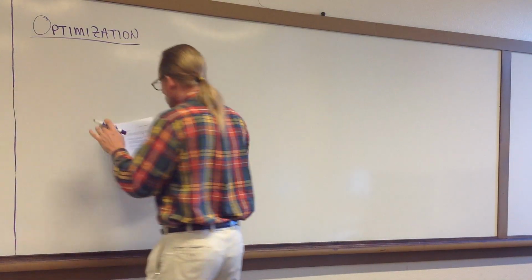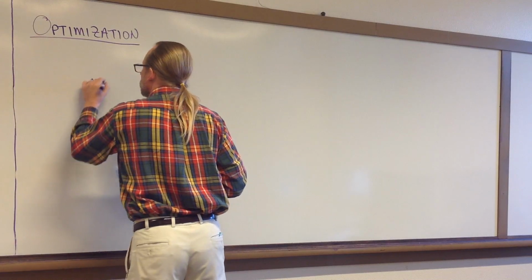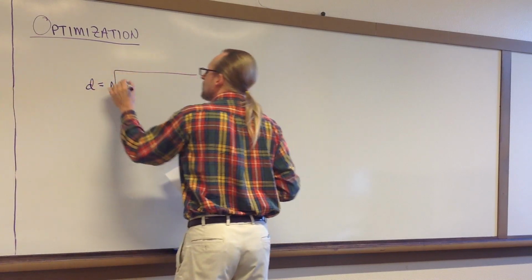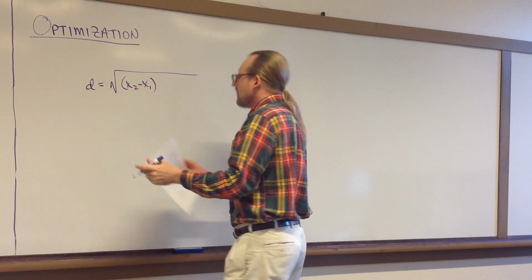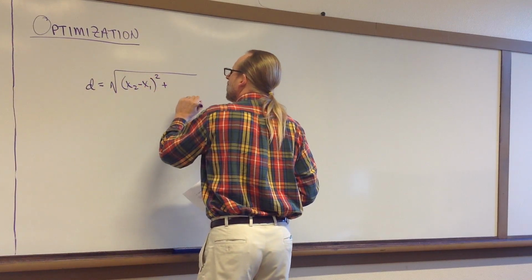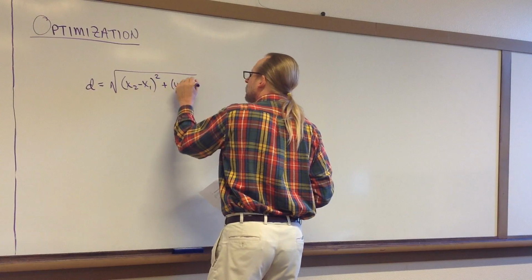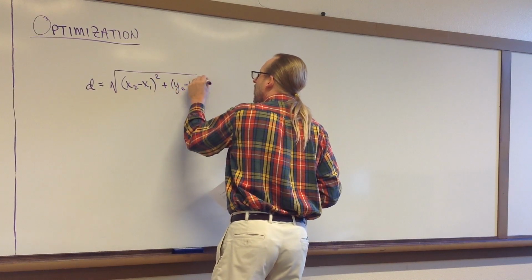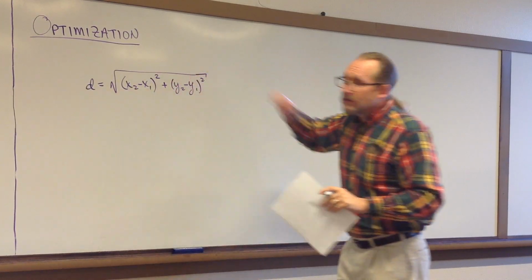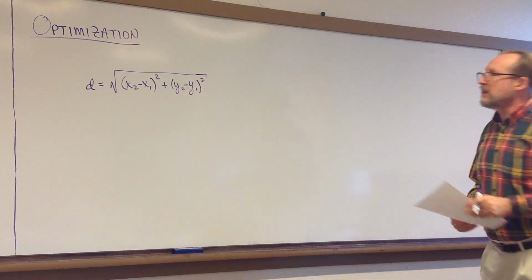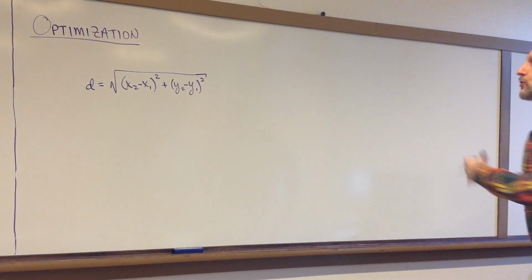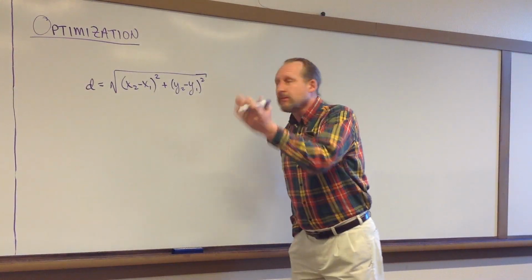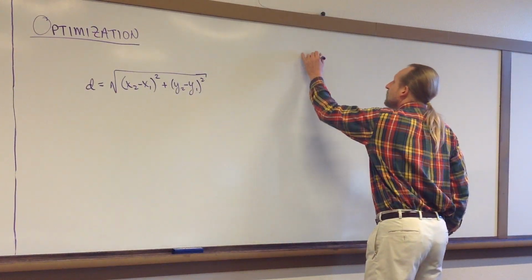Okay, so first of all, we want to talk about the distance formula, where the distance between 2 points on a graph is the square root of x2 minus x1 all squared plus y2 minus y1 all squared. Now, I usually don't like to just put up formulas and tell you to use them.